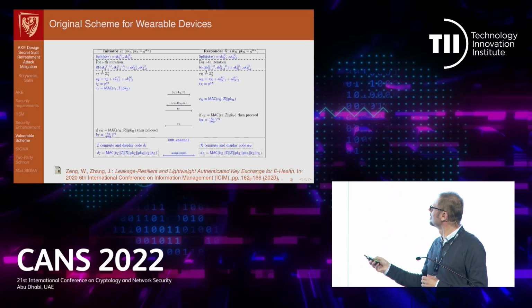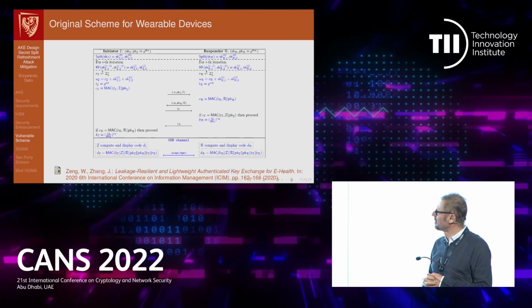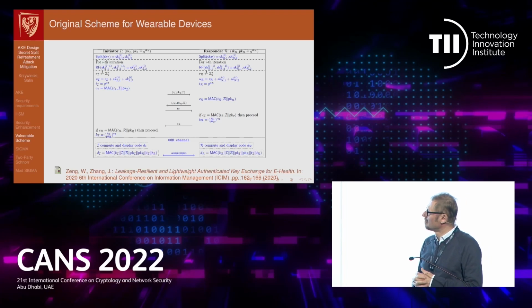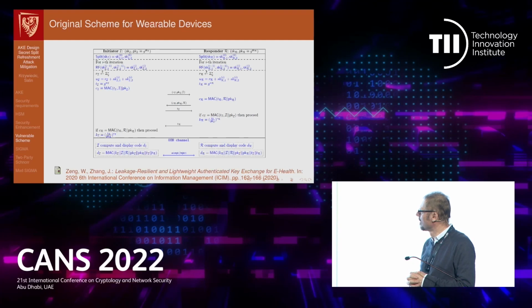It's not visible. It's not bright enough. So we have the initial split, and then in each iteration we have refreshment on the initiator Alice device and on the responder device. And then we have the typical Diffie-Hellman key exchange.